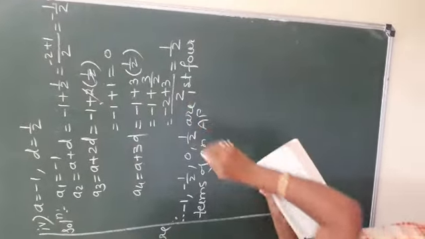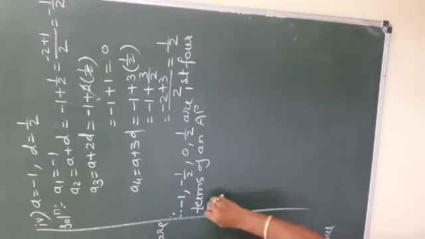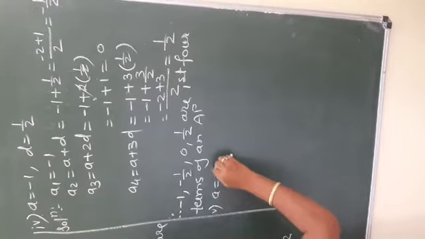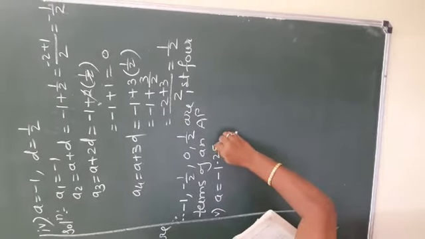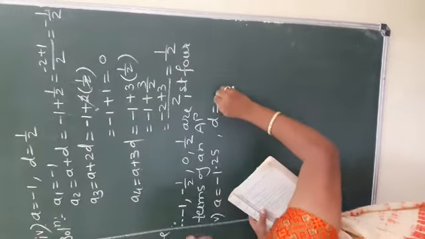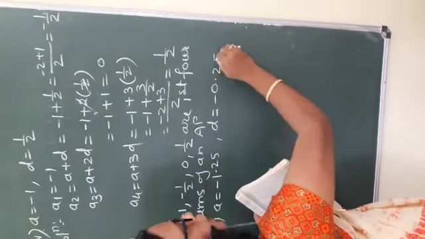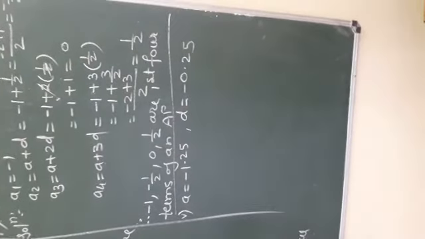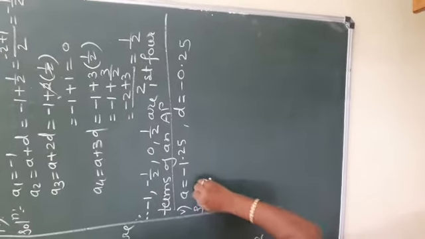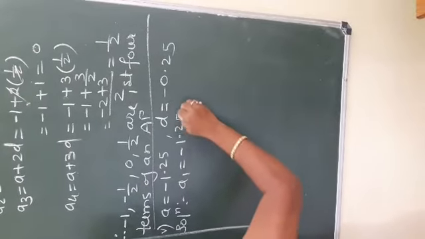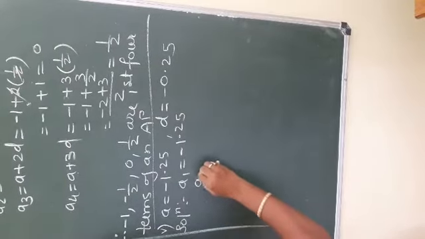Okay, next, the last, fifth problem. A is given as -1.25, D is given as -0.25. Here they have given decimal numbers. So what is your first term? -1.25. We have to find A2.